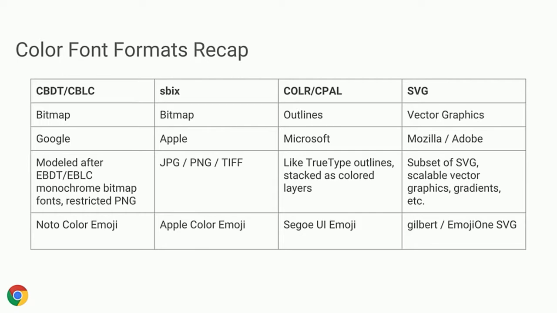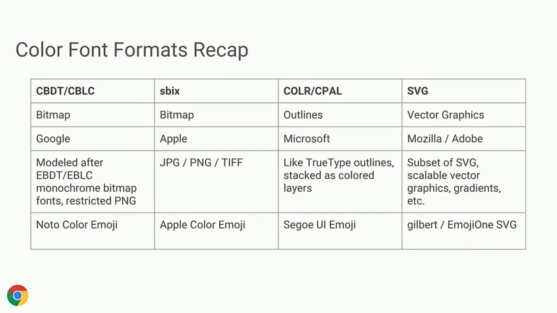And Segoe UI Emoji is the most well-known example of such a font. Then we have SVG OpenType fonts, which contain a subset of SVG inside the SVG glyph table. And Gilbert and Emoji One SVG are some examples of SVG fonts.